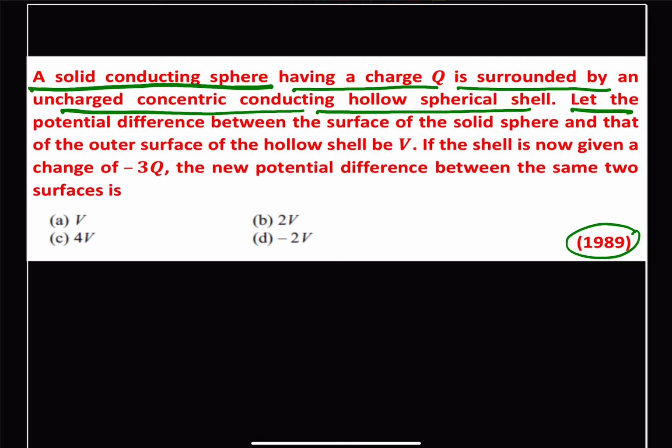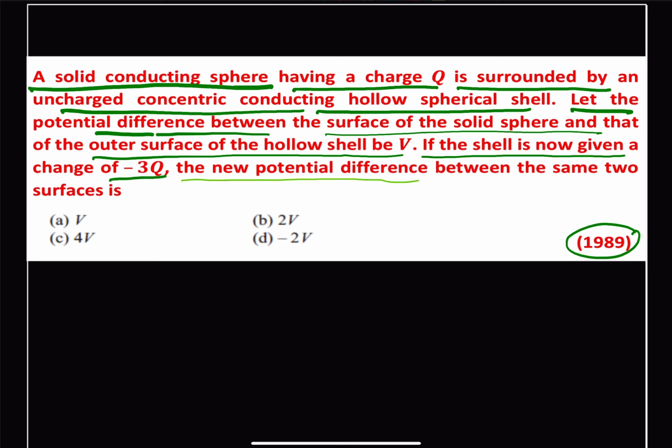Let the potential difference between the surface of the solid sphere and the outer surface of hollow shell be V. If the shell is now given a charge of minus 3Q, the new potential difference between the same two surfaces is. So here inside we have a solid sphere.